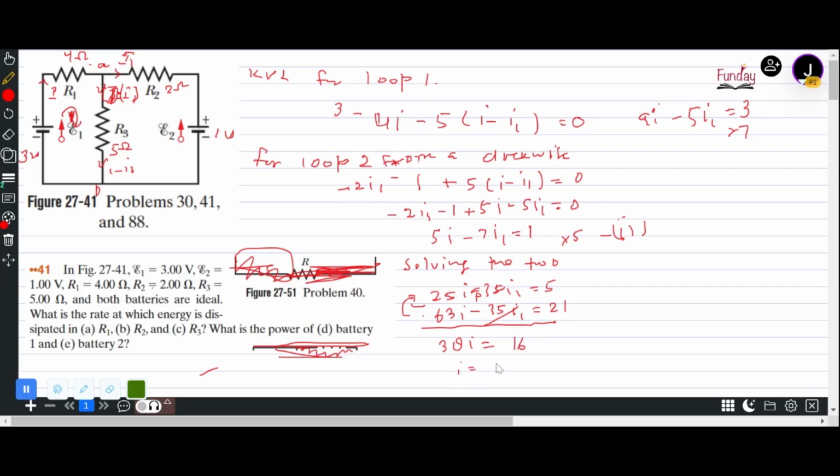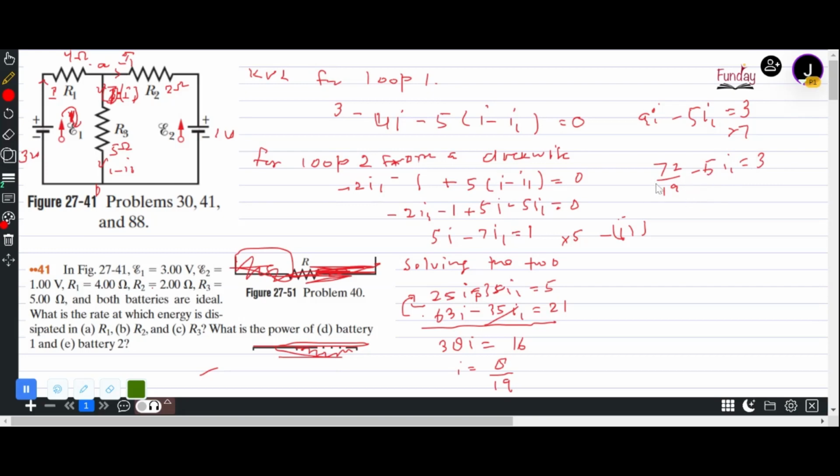That is I is equal to 8 by 19 ampere. So that is one value we got, and once we put this value in any of the equations above, we will find value of I1. And obviously the third current through resistor R3 is I minus I1, so that we will get straight away.